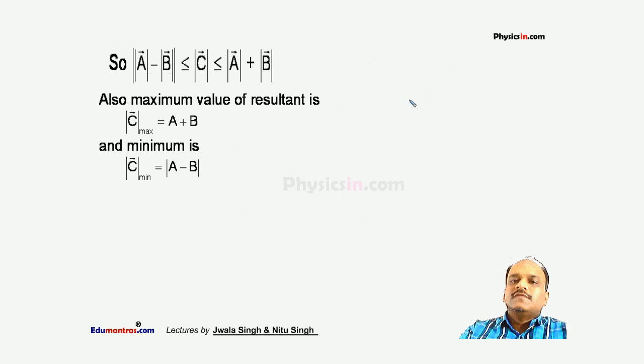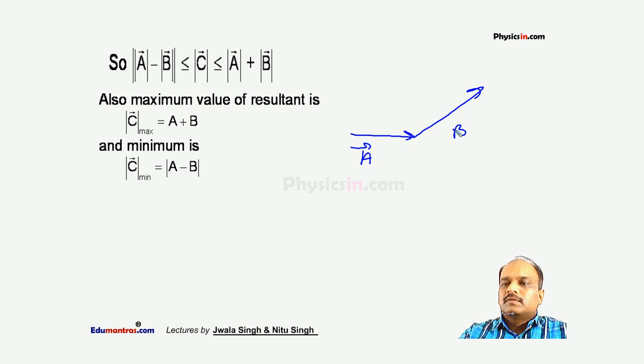Now, as we know, this is vector A, this is vector B, and this vector is the resultant of vector A and B. This is vector A plus vector B, which is called the resultant, that is called C.